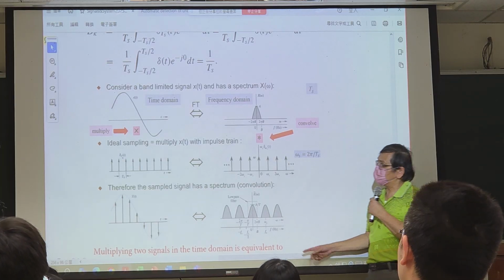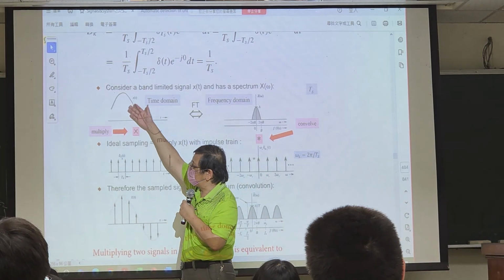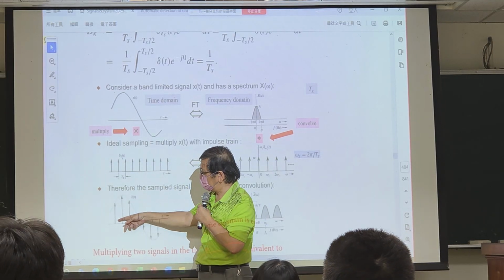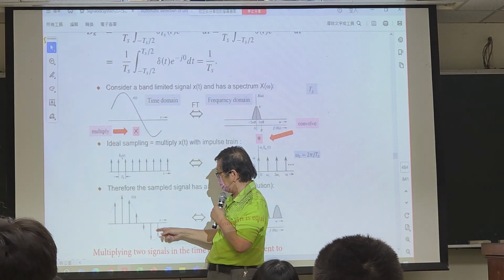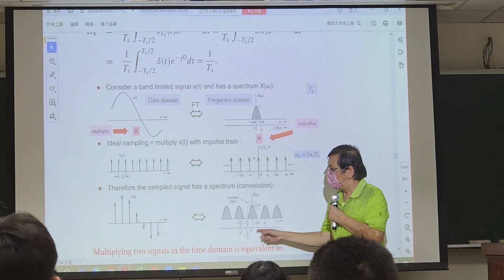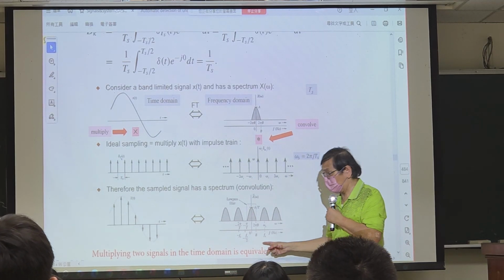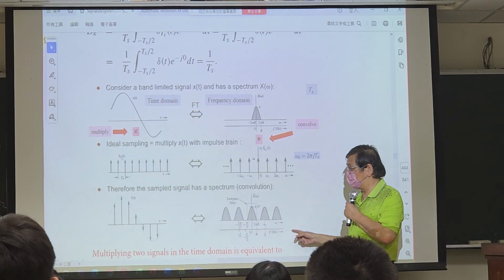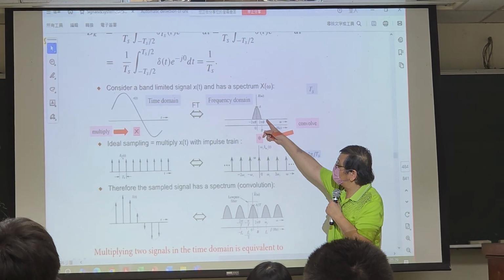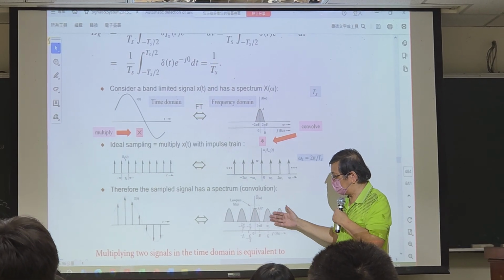But once we take samples, this becomes the sampled signal, and the corresponding frequency response becomes this one. Wow. We duplicate the frequencies and shift them.